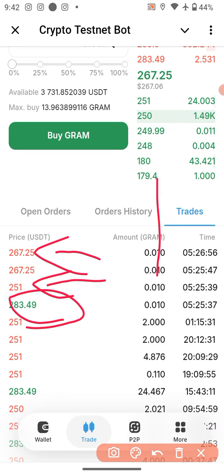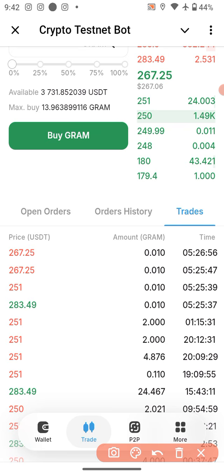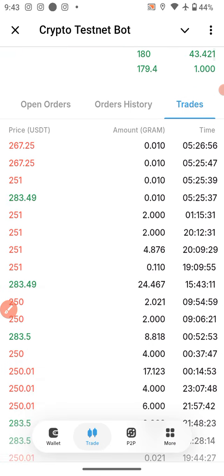So you can see the price has reduced. Now the price is currently at 267. It was at 283 before, but I did not sell when it was at 283 because the price was high. The aim is to buy low and sell high.